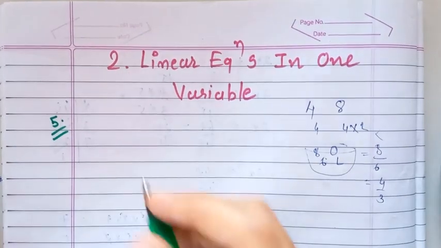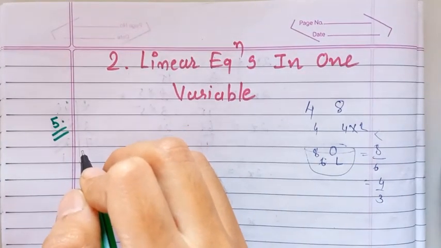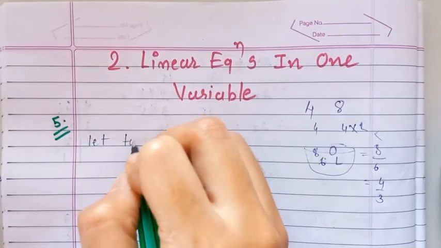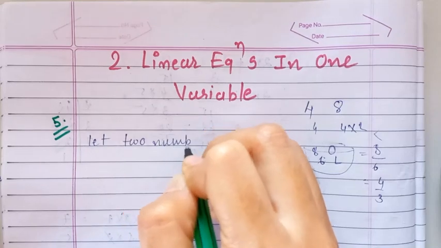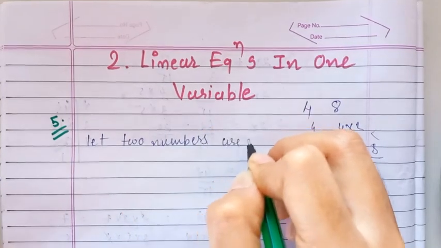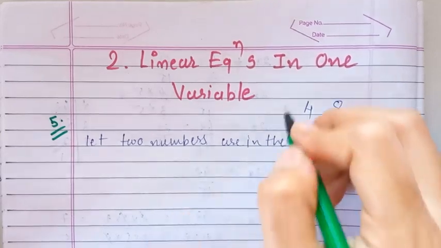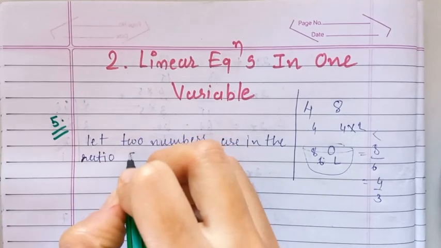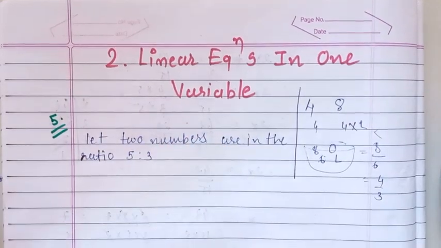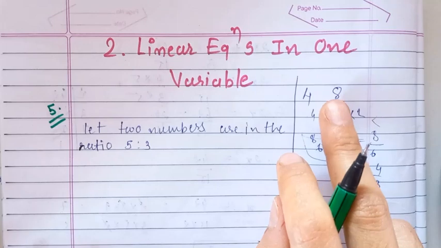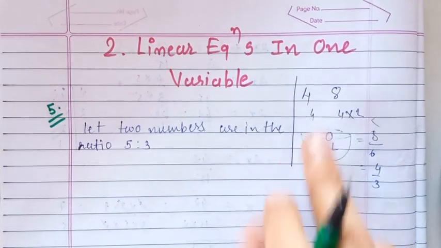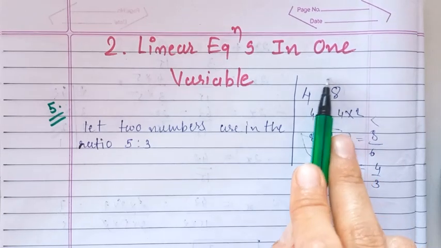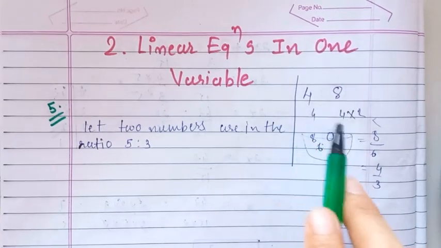So let's write that we have two numbers and the two numbers are in the ratio 5 to 3. It means, here what we saw is that 8 is 2 times of 4, so 8 can be written as 2 into 4.